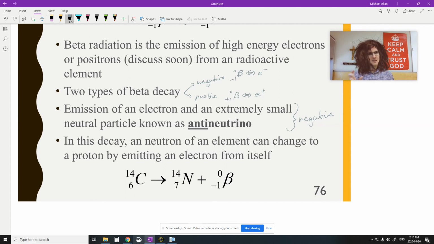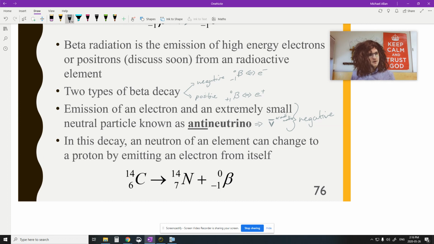It is antimatter, right? So an electron is regular matter, and it produces antimatter. This neutrino is denoted by the letter V, and because it's anti, we put a line on the top. So whenever you see a little line on the top, it represents antimatter. So it's this little V.